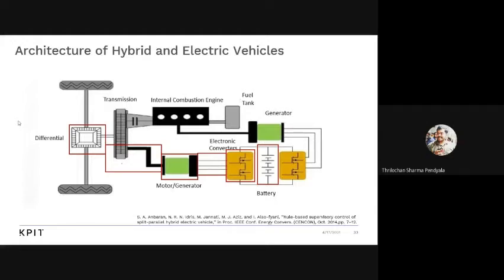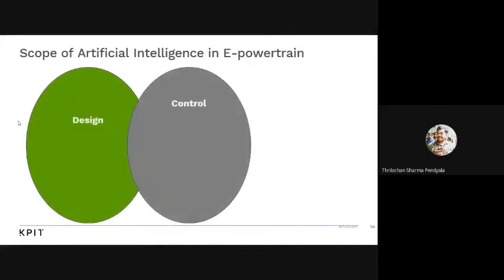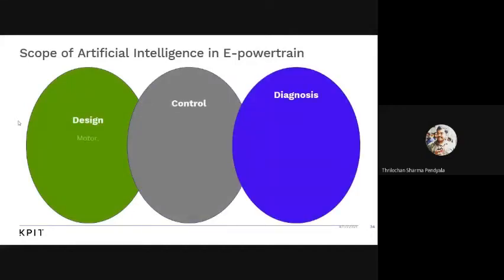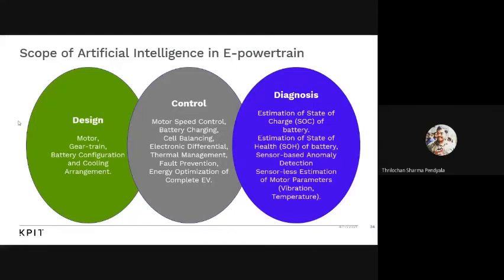So, what are the use cases of artificial intelligence in these vehicles or in these kind of scenarios? Generally, we have three different scenarios to talk about when we talk about the applications of artificial intelligence. One is design, the second is control, and the third is diagnosis. Now, to give you a simple example and to make you understand all the three components, let's take a simple example of a motor design.